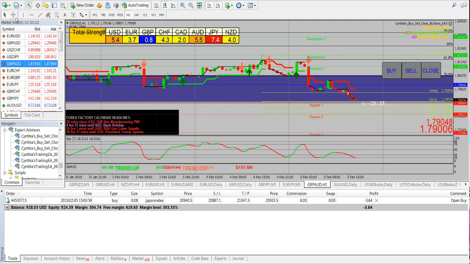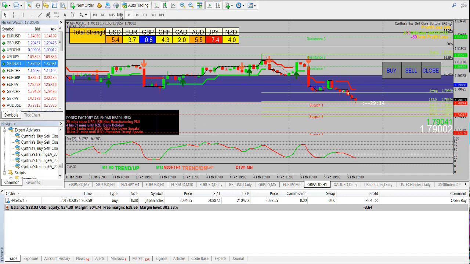If you use your crosshairs, see what the difference is between support 1 and support 2. That's 66 pips. So that's pretty wide, with some Fibonacci targets in between. So it's very possible that this could keep going down, maybe just slowly, but the RSI in a 1-hour chart is pretty oversold.